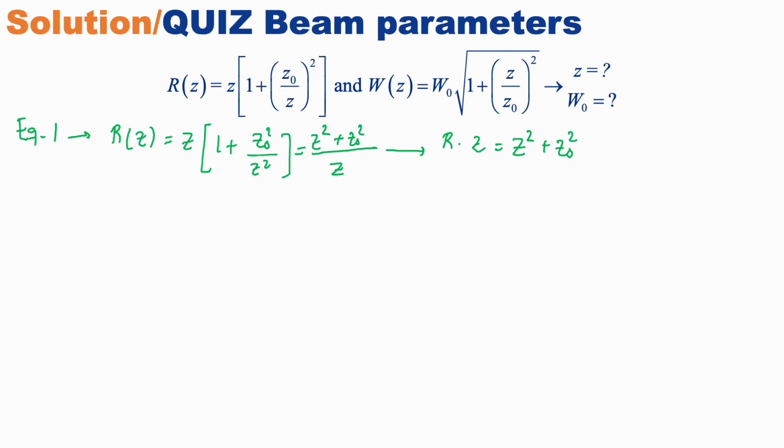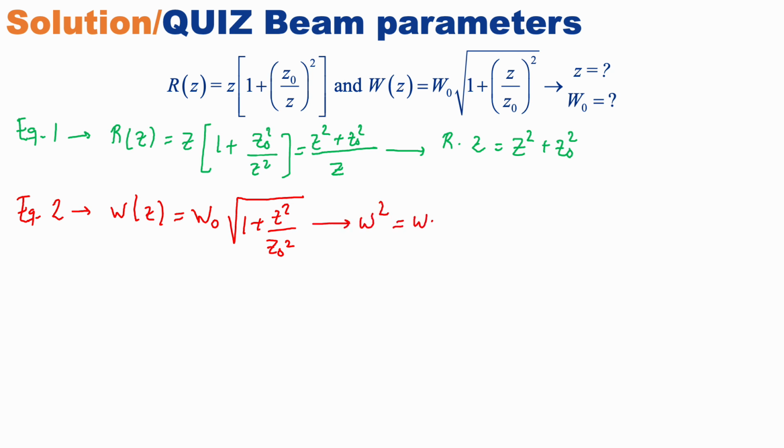The second equation that we have is the one for the beam width. Here the beam width is the beam waist times the square root of 1 plus C squared over C sub 0 squared. And now if we square both sides, the beam width squared is equal to the beam waist squared times 1 plus C squared over the Rayleigh range squared.